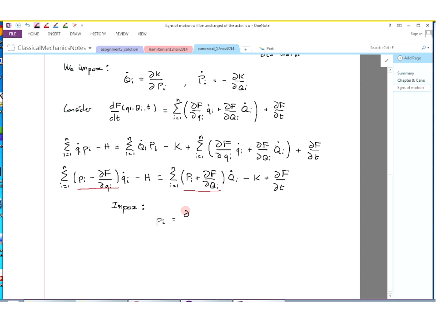So I'm going to impose that little pi is equal to ∂f/∂little qi, and that capital Pi is equal to minus ∂f/∂capital Qi. Remember, f is a function of the little qi, the capital Qi, and potentially t.